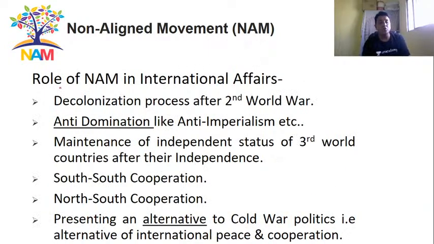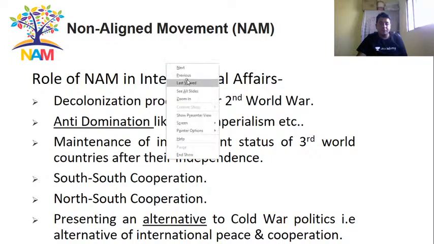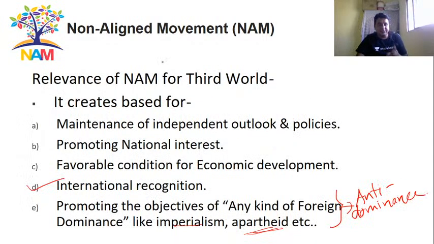Okay. Role of NAM, next important step. So everyone, is there any problem to understand the relevance of NAM for third world countries?